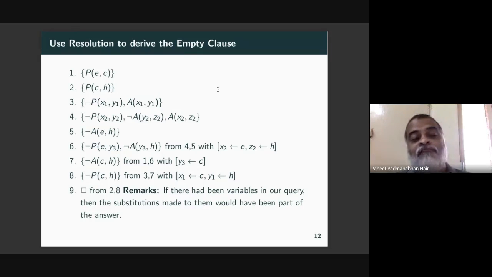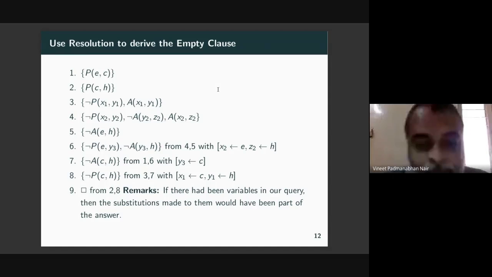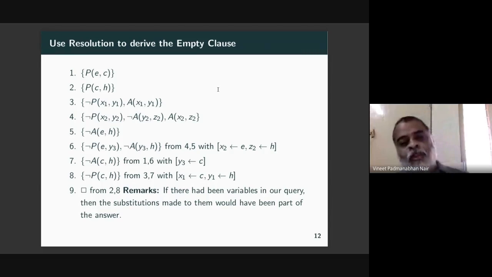You started with the 5th telling that Elizabeth is not the ancestor of H, and you ended up with a contradiction, which means Elizabeth is the ancestor of Harry. If there had been variables in our query, then the substitutions made to them would have been part of the answer. So this is how first order resolution works.